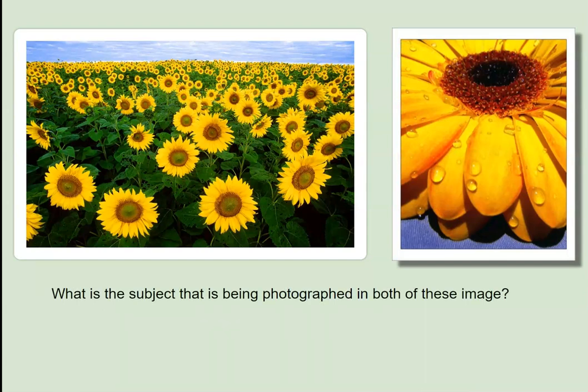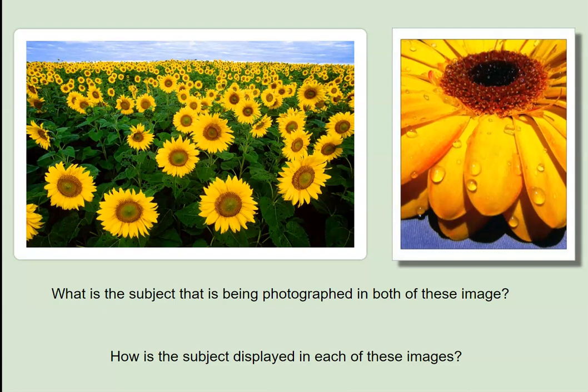So what is the subject that's being photographed in these two images? If you said sunflower, you're correct. Even though the subject is the same in each image, how are they displayed differently?